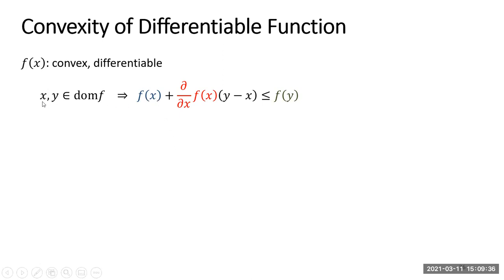So, if x and y are two scalar points, and f of x is a univariate function, then this function is convex if this condition is met: f of x plus the derivative with respect to x of f of x times y minus x must be less than or equal to f of y.